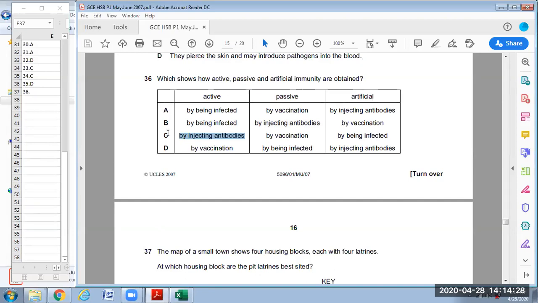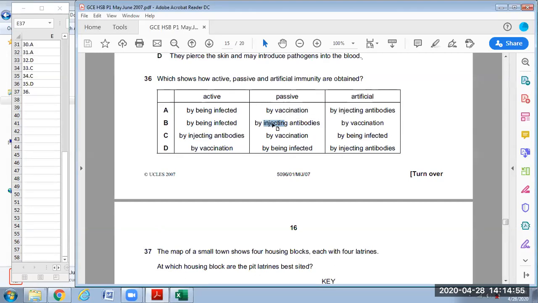Okay, so active is vaccination. Passive by being infected, right? Your own body creating it. Artificial by injecting antibodies. Let me see what you all have. B? No, how is B the answer? Okay, so by being infected, yes, for active. By injecting, anytime you're injecting something, it will never be passive.